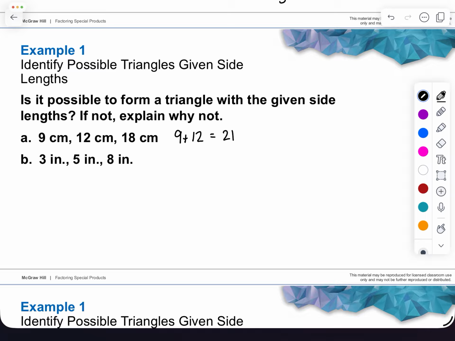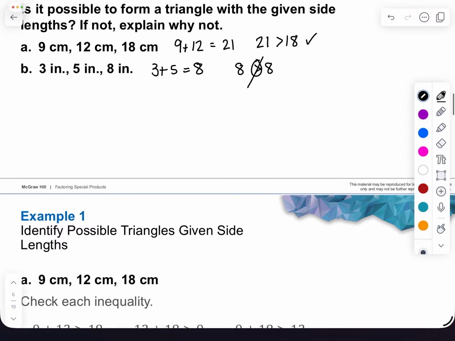So that's bigger than 18, so we can make a triangle with that. But 3 plus 5 equals 8, and that is not greater than 8. That is not true. 8 is equal to 8, but 8 is not greater than 8. So in this one, 21 was greater than 18, so that was good. So, bummer.